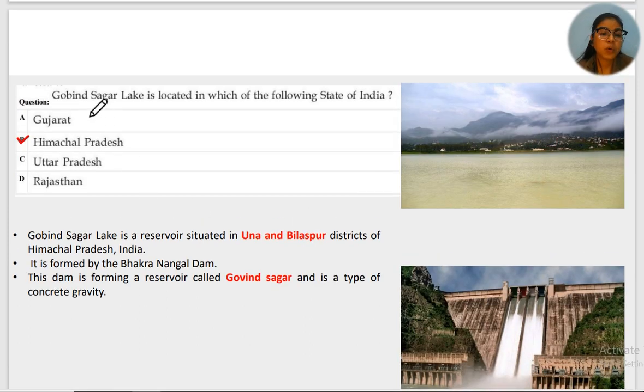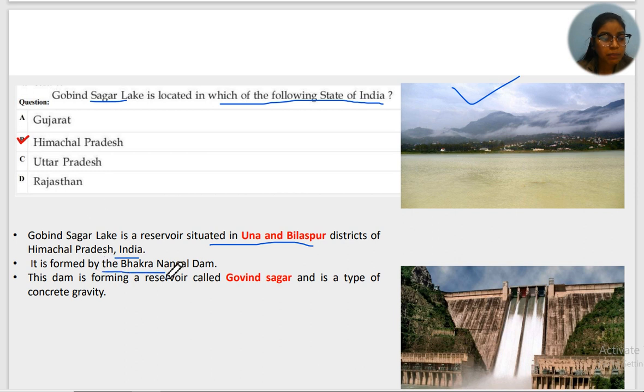Next question is, Govind Sagar Lake is located in which of the following states of India? It is situated in Himachal Pradesh. Govind Sagar Lake is a reservoir situated in Una and Bilaspur districts of Himachal Pradesh, India. This is the image of Govind Sagar Lake.